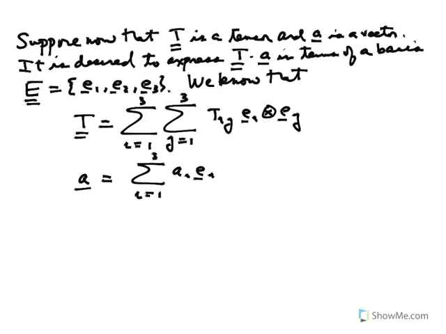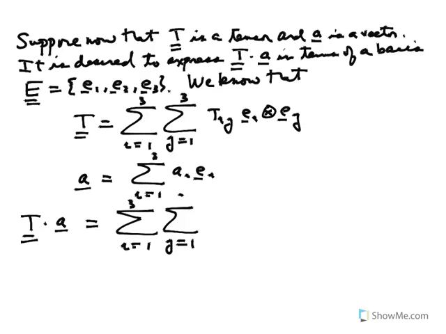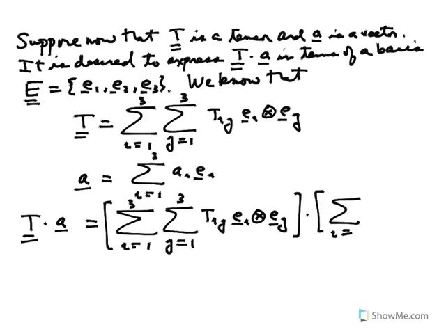So what happens when we take T and apply it to A? Well, we get the sum from i equals 1 to 3 of the sum from j equals 1 to 3 of Tij Ei circle cross Ej, and then this is operated on the sum from i equals 1 to 3 of Ai Ei.